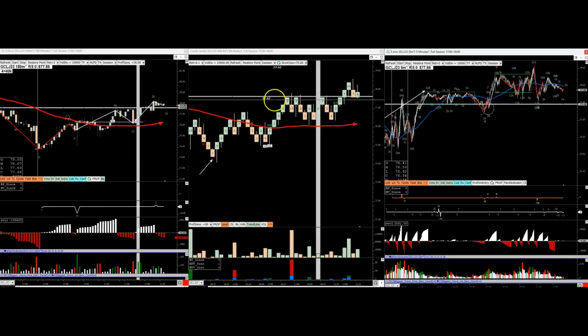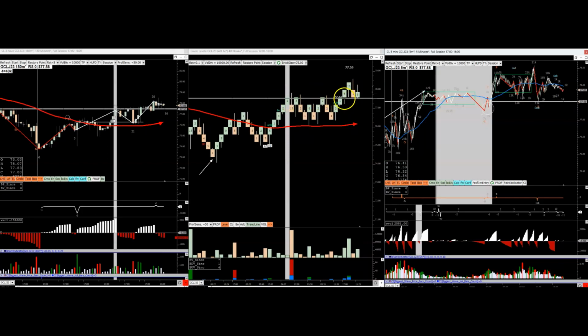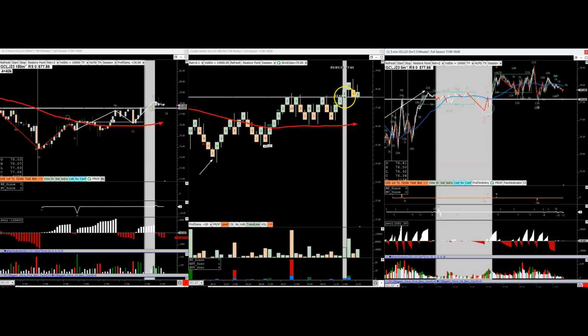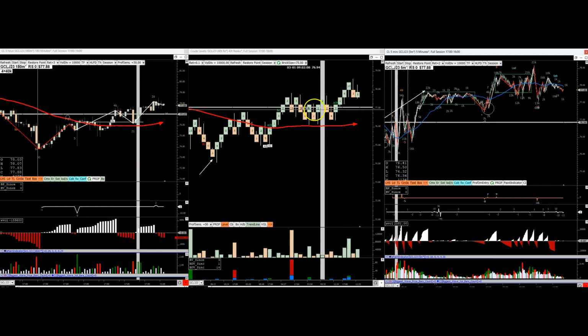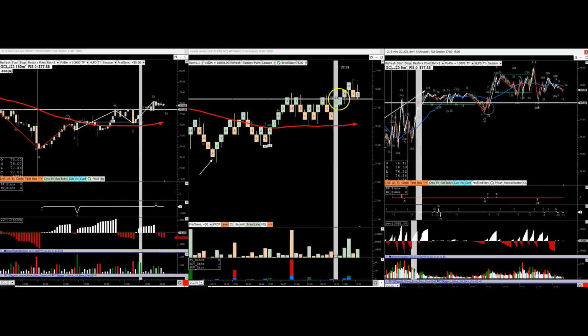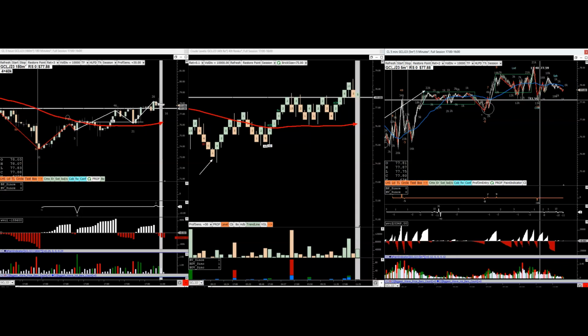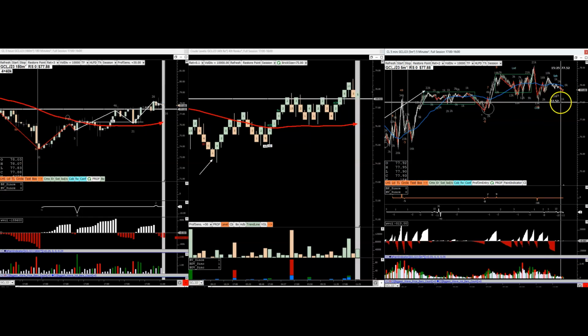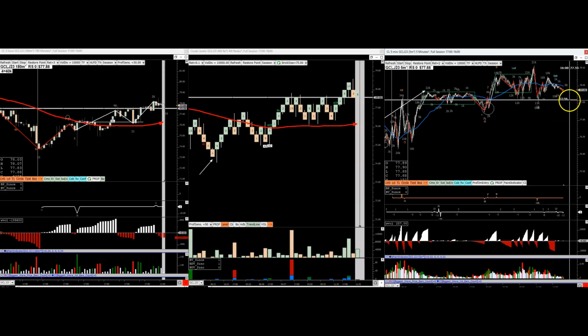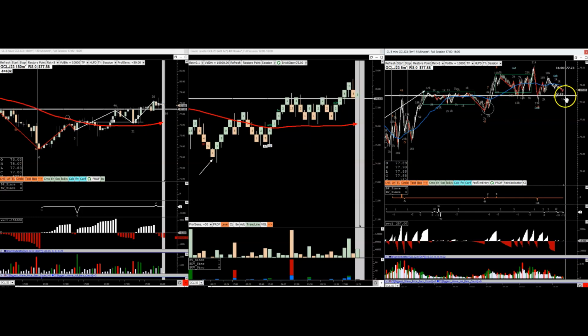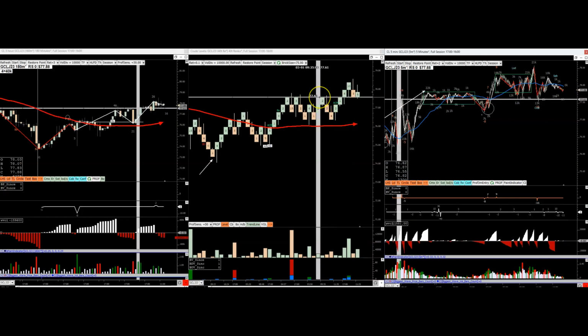From a bullish perspective, it would need to hold this area right here, this low. The bulls might try to hold it. It might react, but that's still like 30 plus ticks, easy 38 ticks right now.